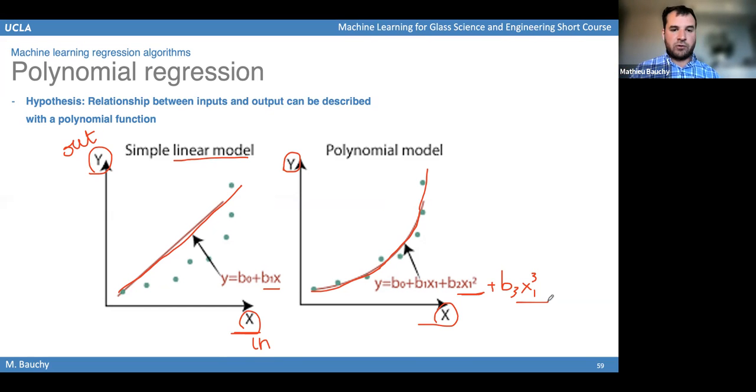So what I would like to do before we move to the tutorial is just finish on this regression. The reason I'm talking about linear regression and polynomial regression here is because it's the simplest to understand.